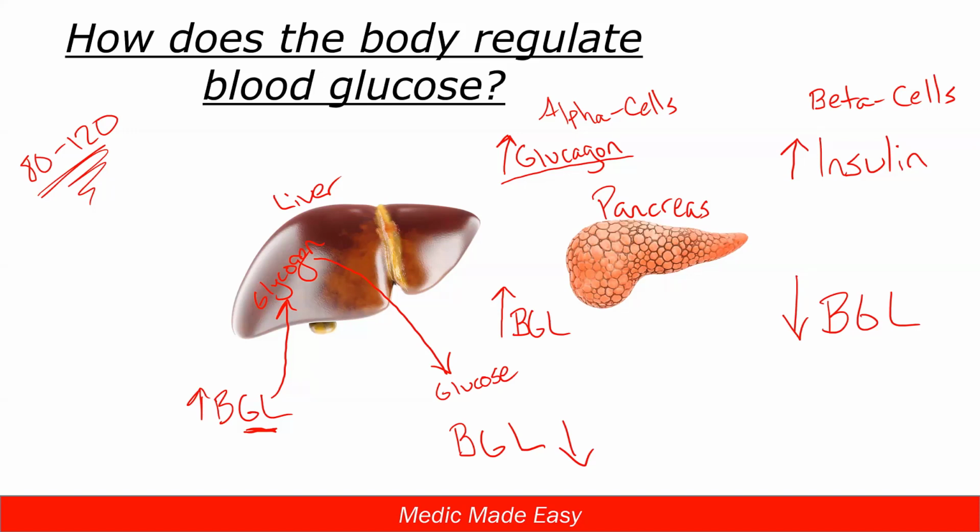So it's that give and take of insulin production to lower blood sugar and glucagon production to raise blood sugar. There are constant little adaptations that our body makes to maintain blood sugar more or less in that 80 to 120 range.